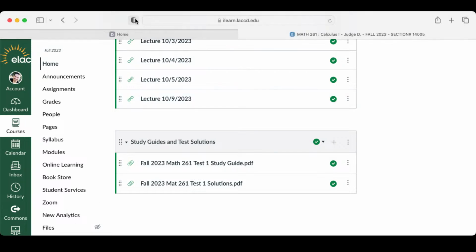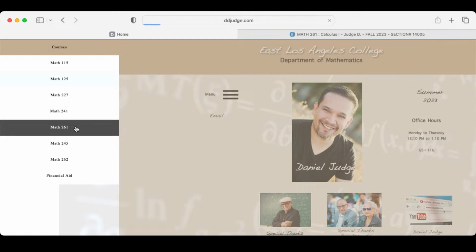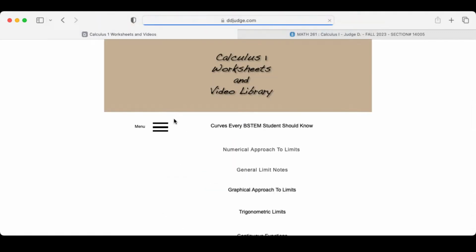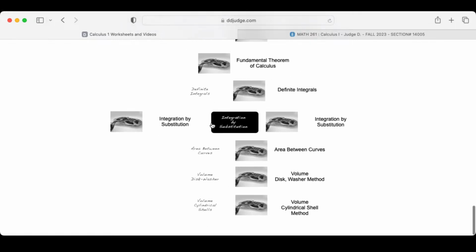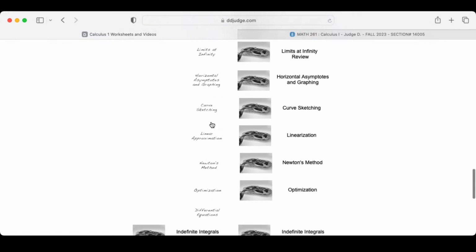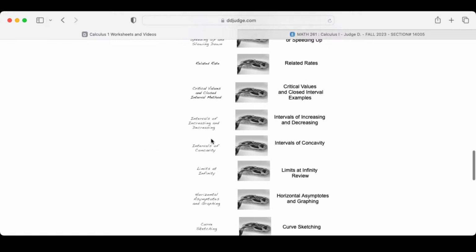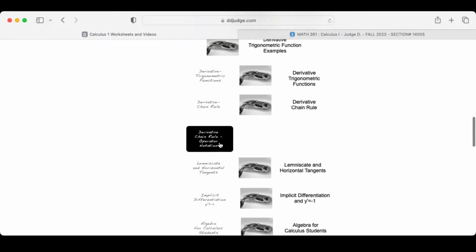Now, I'm going to go to 261, and we're going to take a look a little bit at chain rule notation for you guys. Maybe in the future I'll make a video of this. Where are we at? Derivative chain rule operator notation.